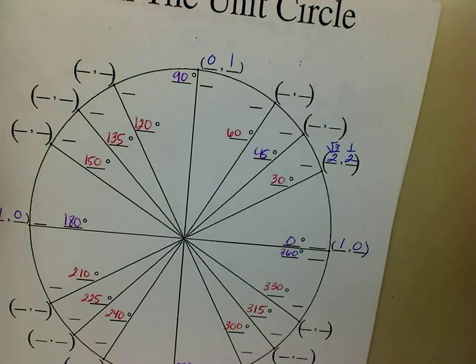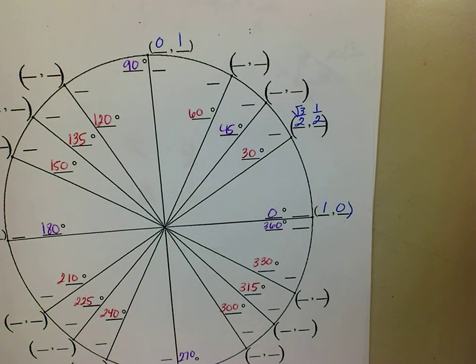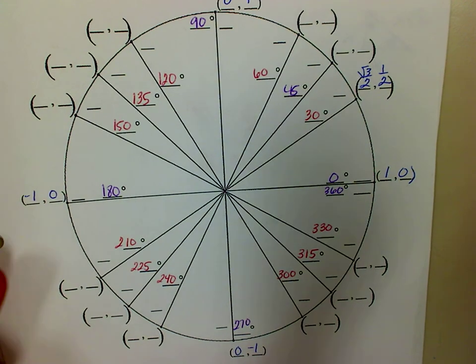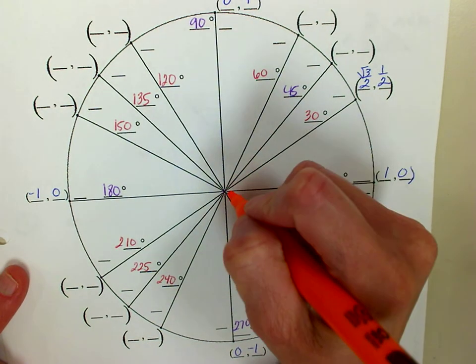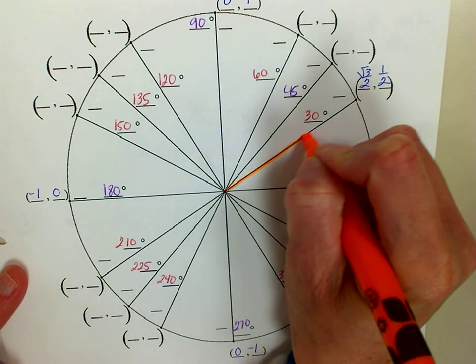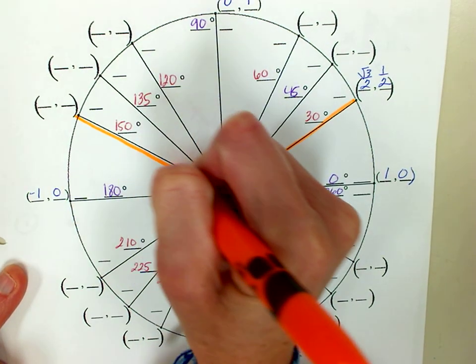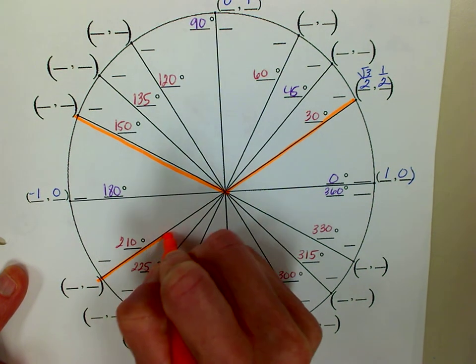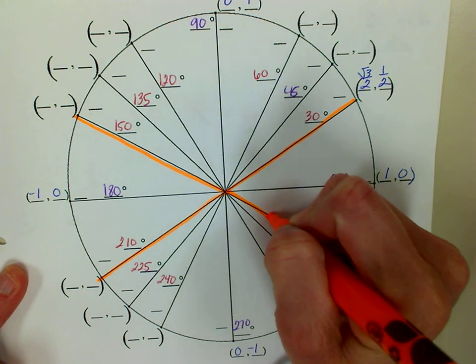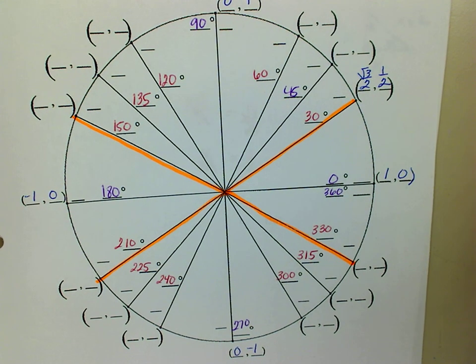Now, once I'm there, I can figure out 3 other ones. The lines that are closest to the x-axis are going to have the same value. However, you might have a positive versus a negative.